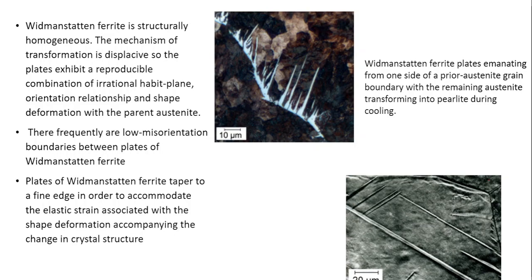Widmanstatten ferrite is structurally homogeneous. The mechanism of transformation is displacive, so that plates exhibit a reproducible combination of irrational habit plane and orientation relationship and shape deformation with parent austenite.